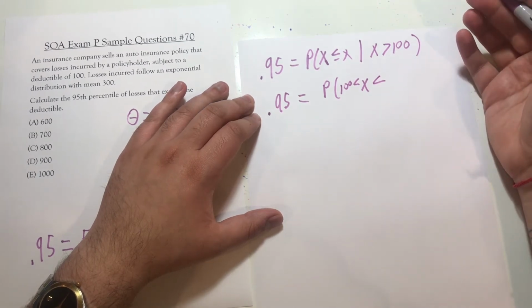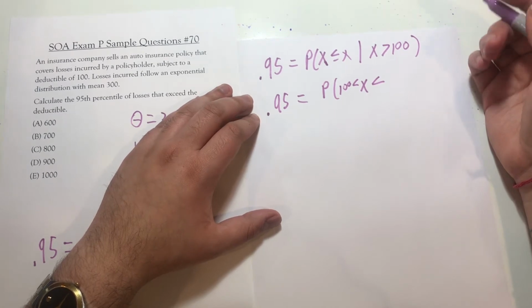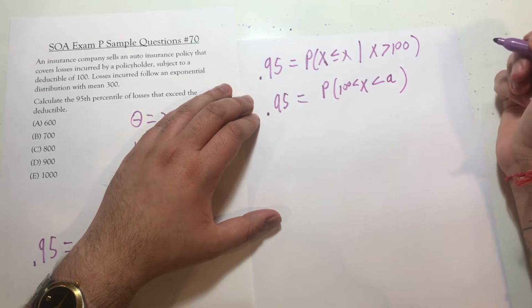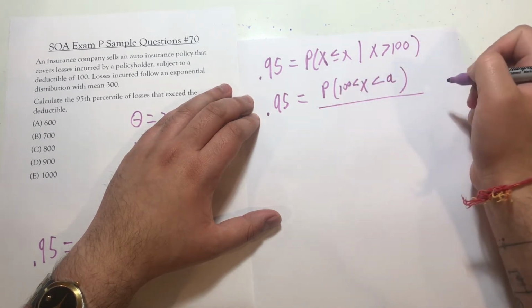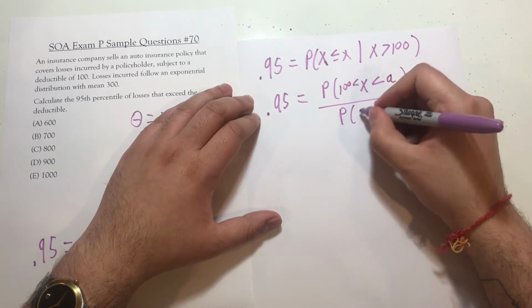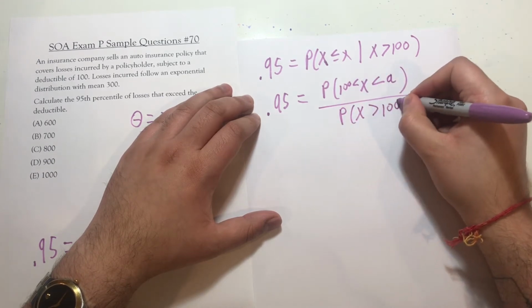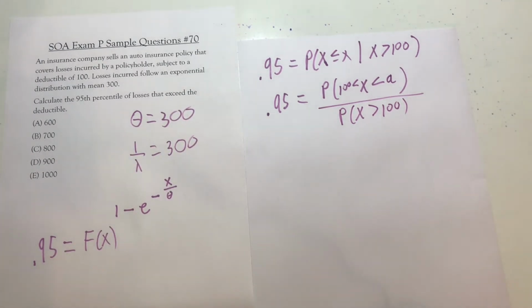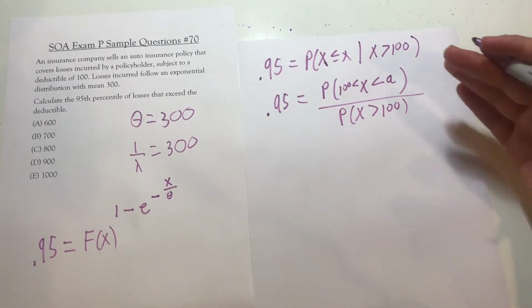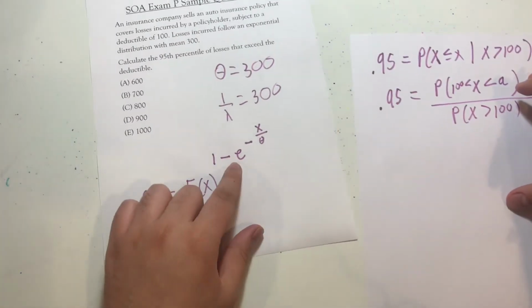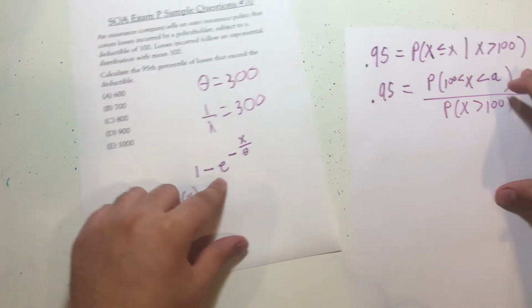Let me just think of a variable, let's call it a. And that's divided by the probability that x is greater than 100. Now, we're going to use the CDF equation in order to solve for this, so let's change this into something a little more useful, where this equation becomes applicable.